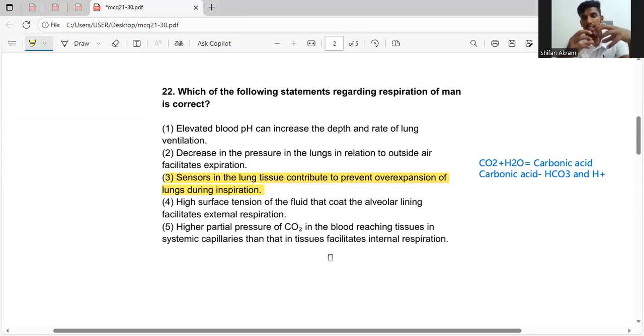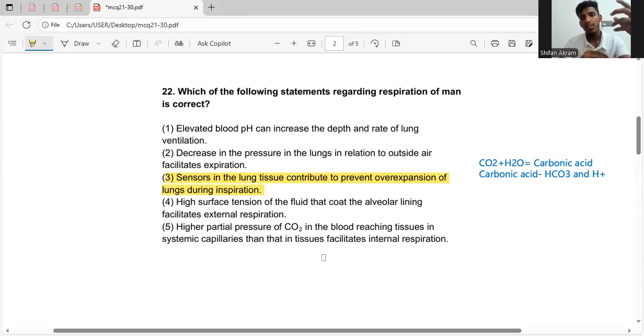So here they are saying for internal respiration to occur, the blood should have higher partial pressure of carbon dioxide than in the tissues. As we know, gases travel through partial pressures. A gas usually travels from high partial pressure to low partial pressure. But in the sentence, they are telling the blood has higher partial pressure of carbon dioxide than the tissues.